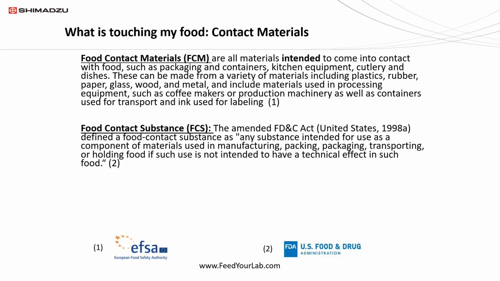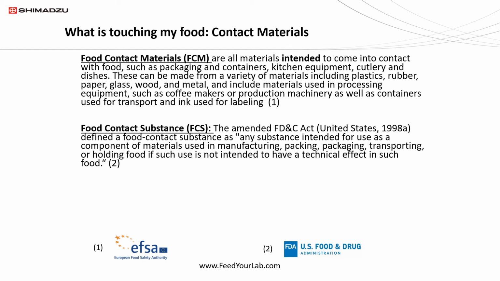Now, those food contact materials include packaging, containers, kitchen equipment, and so forth. The challenge is that they are made from a variety of different materials, such as plastics, rubber, paper, glass, wood, metal, and so forth. Anything that's used in the processing equipment, but also includes things like coffee makers, where you have the glass carafe and the plastic filter holder and so forth, and sometimes even includes the ink that's used for labeling.